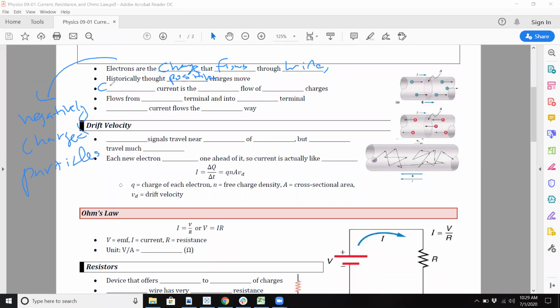Conventional current is basically the imaginary flow of positive charges.